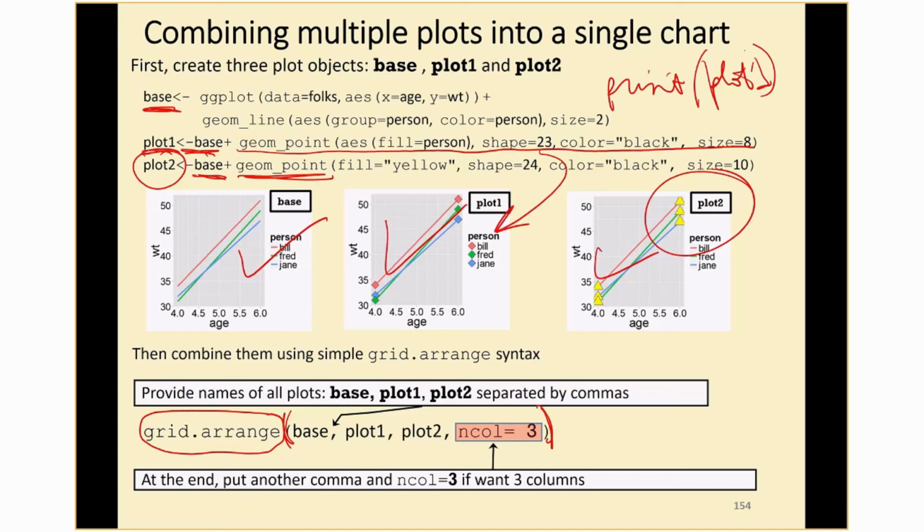I begin by putting in the plots that I want in the order that I want them to appear: base, plot1, and plot2. ncol equals 3. What does that do? It essentially creates 3 columns. So I've got 3 columns comprised of the 3 plots, base, plot1, and plot2.